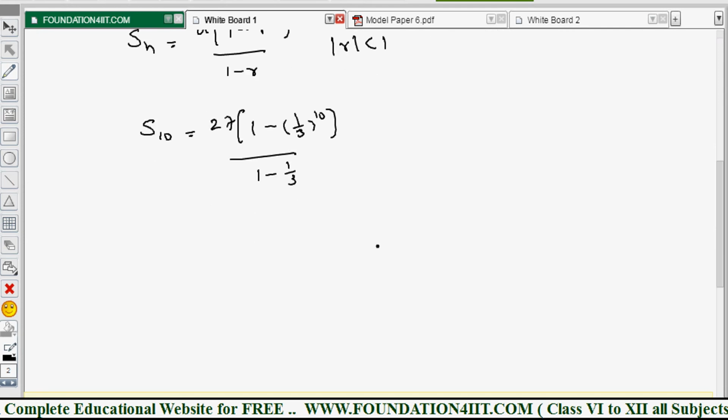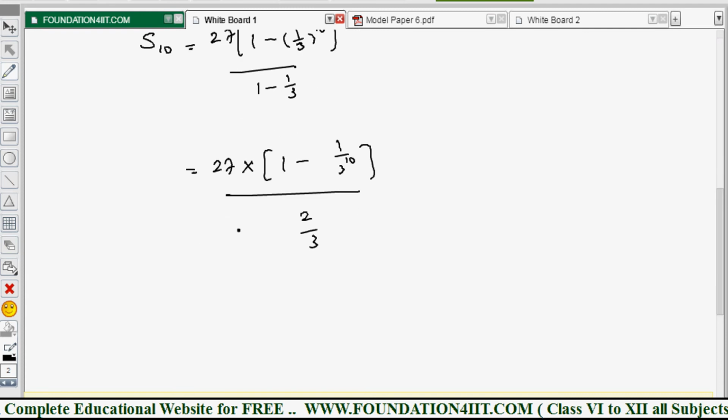So let us simplify this. The sum of 10 terms will be 27 into 1 minus 1 by 3 power 10, by 1 minus 1 by 3, which is 2 by 3.